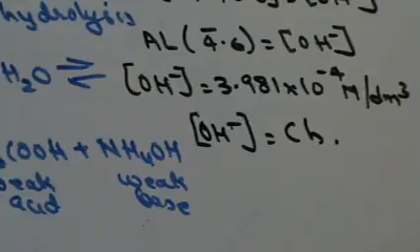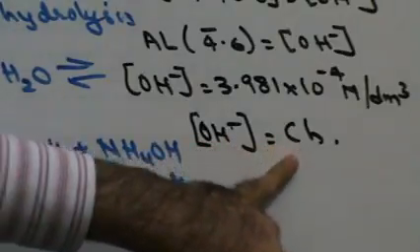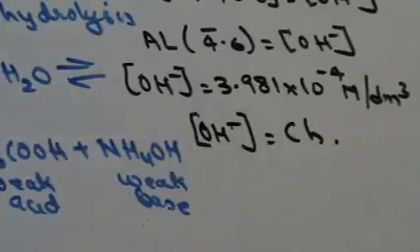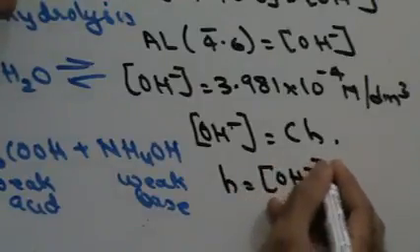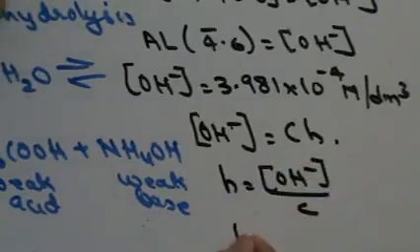The concentration of OH ions is equal to concentration into degree of hydrolysis. So I should get the value of h from here. h is OH negative upon C. When you substitute, you should get the value of h as 3.981 into 10 raised to minus 3.